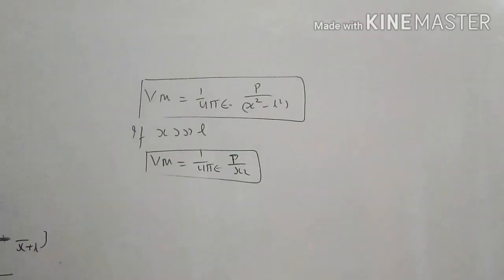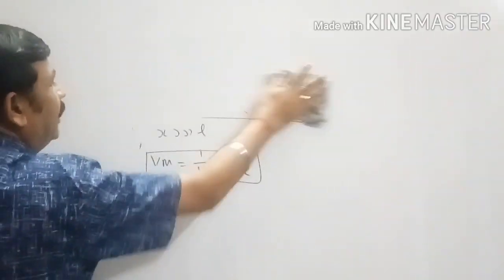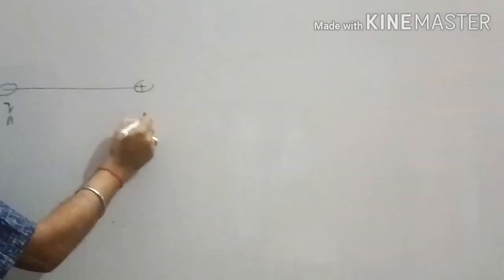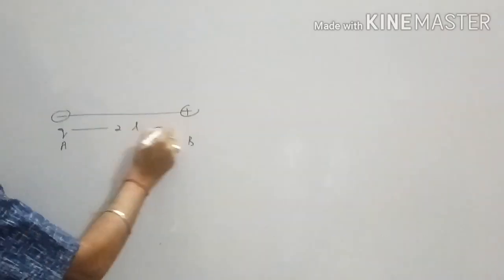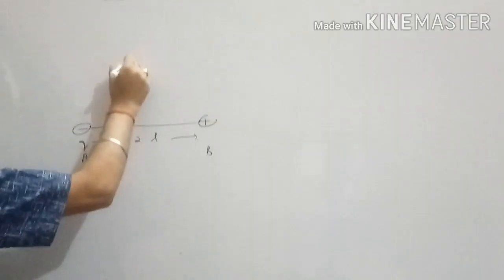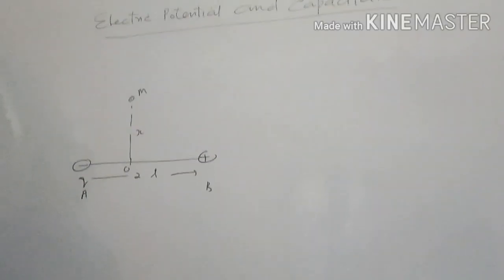Now, potential at any point on the equatorial line due to a dipole. This is the negative charge, this is the positive charge. We have a dipole of length 2L. O is the midpoint. We have a point M on the equatorial line.